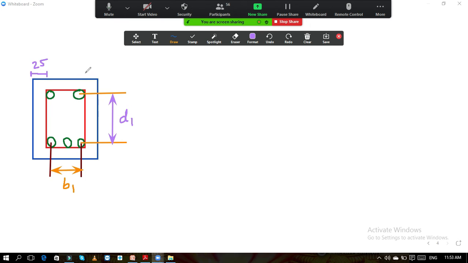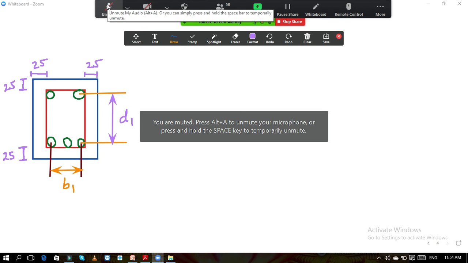From this point to this point, this is also 25. Here it is also 25. From top also the same case. So it is 25 mm.